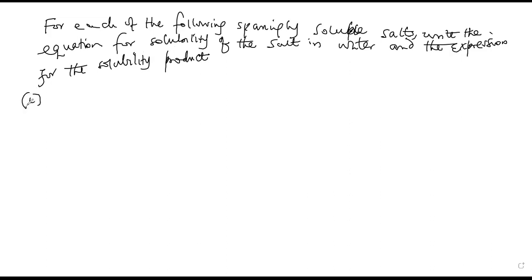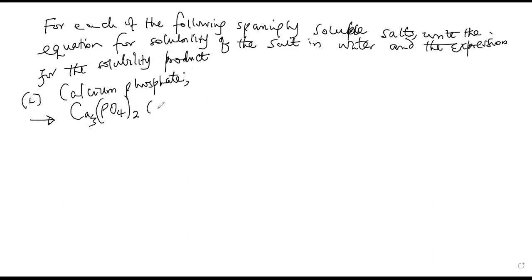One, calcium phosphate. Let me write this for you. Calcium phosphate, PO4. Phosphate has valence 3, and calcium has 2. So we have a 2 here and a 3 here. It is a solid, plus water, since we are writing the solubility in water.